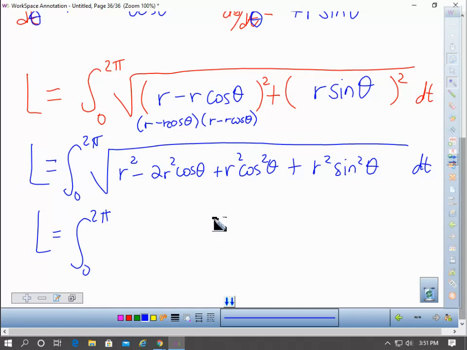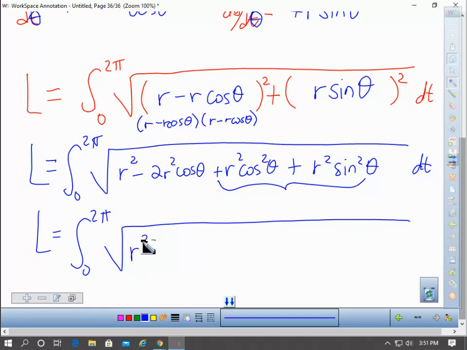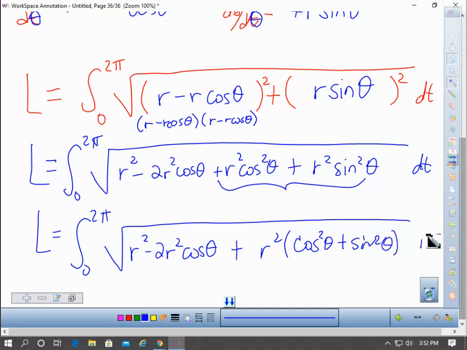The first thing I'm going to notice here is that I have r squared cosine squared plus r squared sine squared. So if I factor out the r squared, I'm left with cosine squared theta plus sine squared theta.